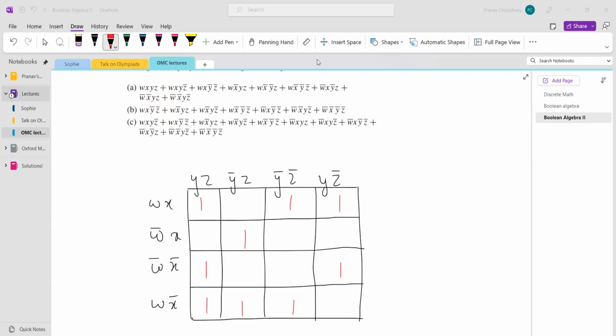Any ideas which terms we should combine? Okay, so we see that these two are neighboring clearly, and then so are these two things, and these two as well.